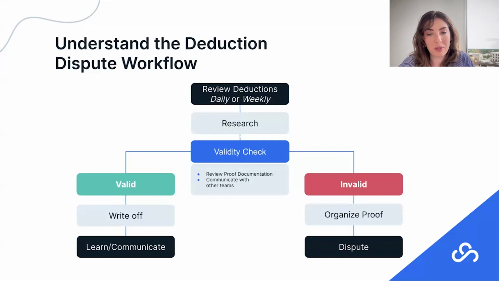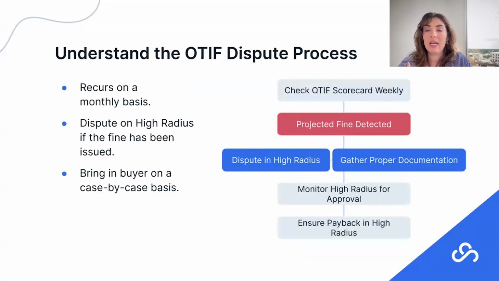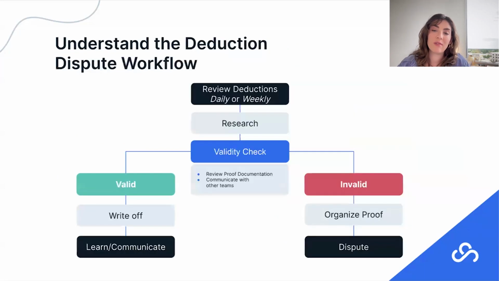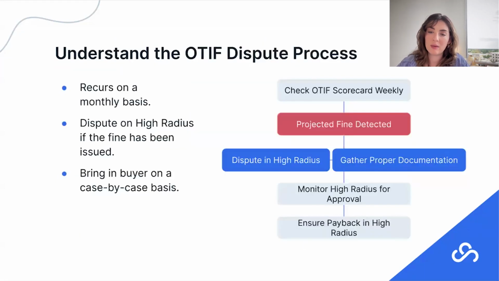And you learn and communicate from that. You take the L and pay for that deduction or OTIF fine and try to avoid that in the future. Or you realize that it is invalid. It is actually Walmart's responsibility. You shouldn't have to pay this particular fine. It's considered invalid. So then you organize that proof documentation and you dispute that through the proper channel.